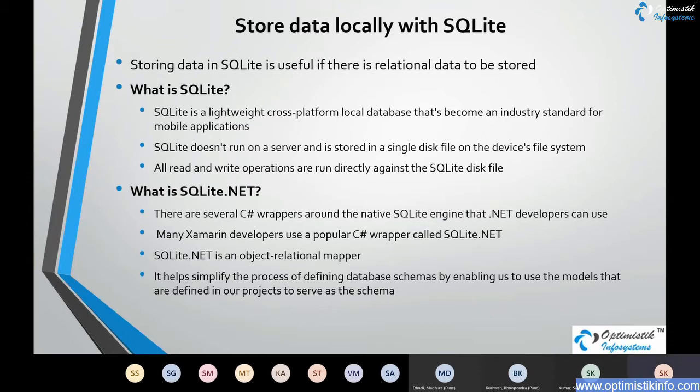Read and write operations are executed directly on that disk file itself. And here, being a SQL implementation, we once again have the support for the select, insert, update, delete, typical relational queries, which we use mostly while working with server-side databases.